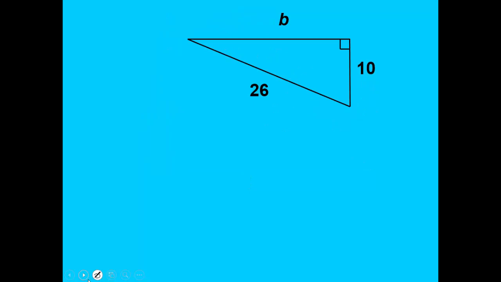So it looks a little bit different here. We actually know what C is because our lengths are the shorter ones, our legs, and our hypotenuse is the longest one. So we have the longest one as 26. So we know that it is going to equal 26 squared.